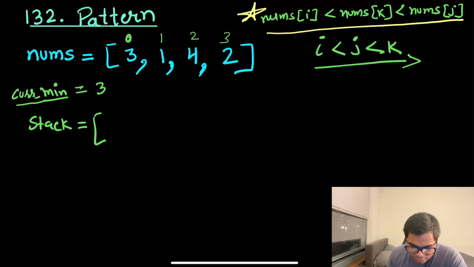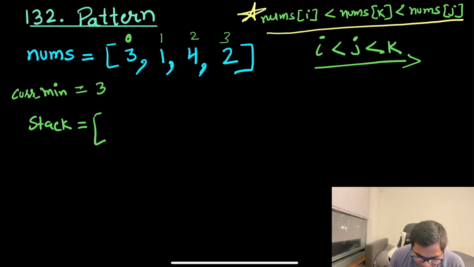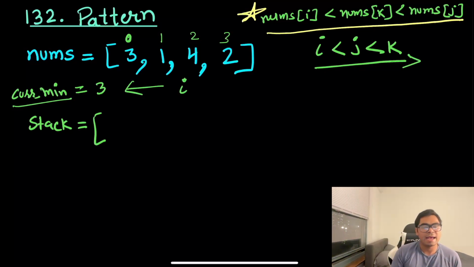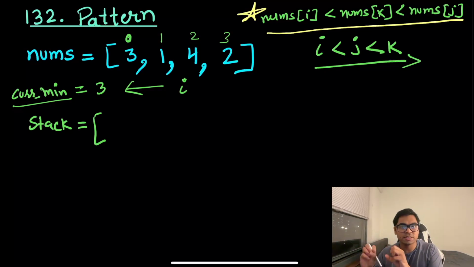So in my stack, I want to store values only in decreasing order. That's the monotonic stack that I want to have. Why? This current minimum that I have seen so far can act as my i, and that value is actually the minimum of these 3 values that I'm trying to find.